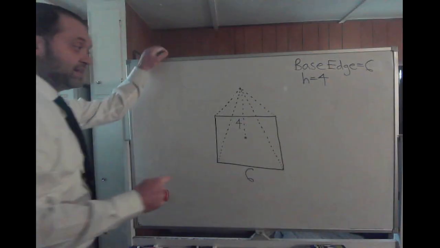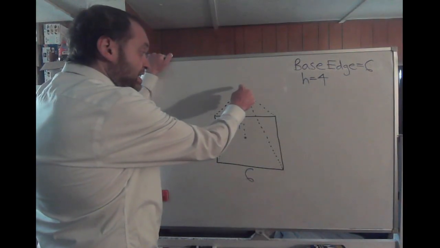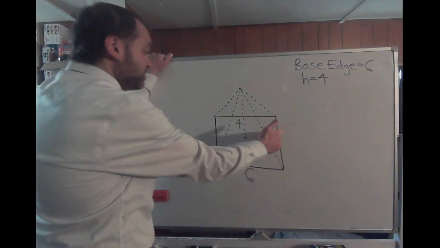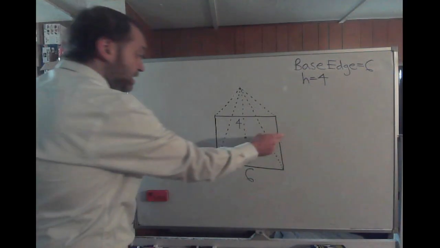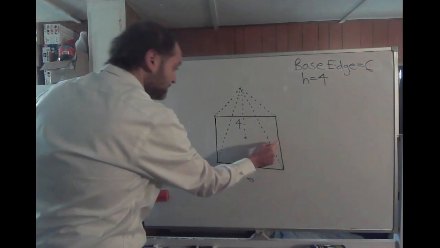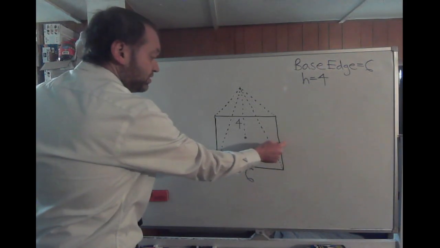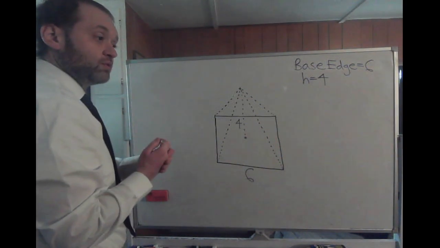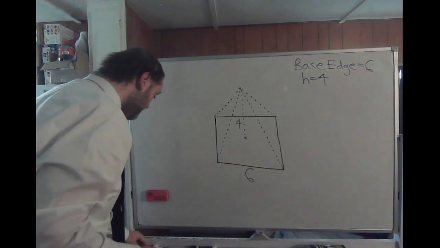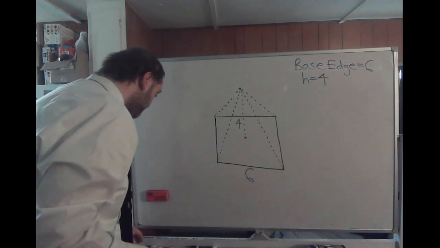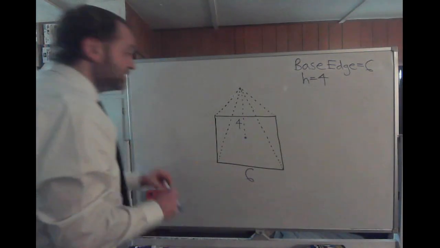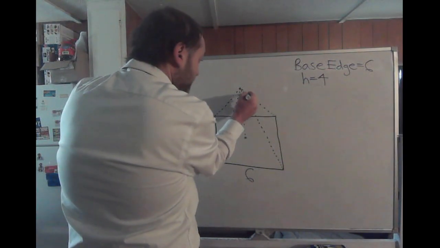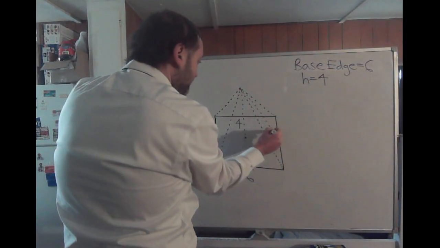The slant height itself comes down from the vertex of the pyramid to the center of a side, and divides the isosceles triangles into 2 congruent right triangles. So if I want to try to solve for the slant height, I'm going to have to do some Pythagorean theorem or some other work here.